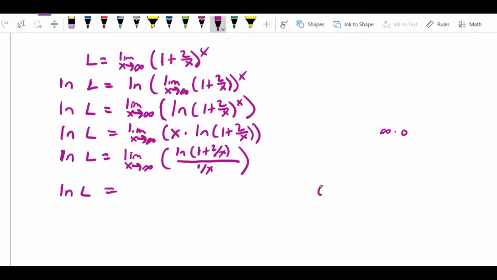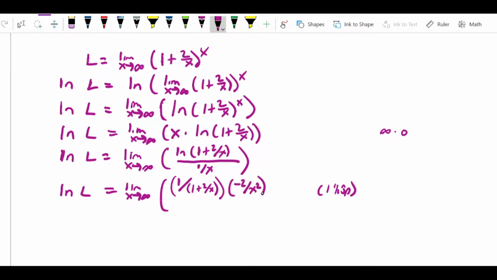I'll just put the L'Hop out here because it doesn't really apply over this equal sign. So this is going to be the limit as x approaches infinity of the derivative of the top. That's going to be 1 over (1 + 2/x), and the derivative of 1 + 2/x is going to be negative 2 over x squared.